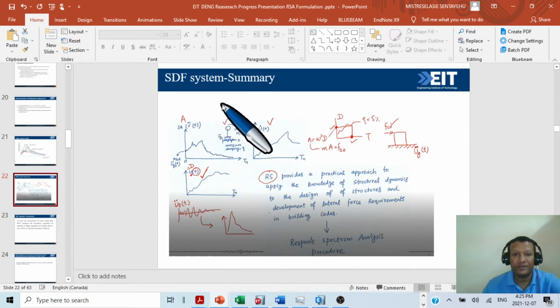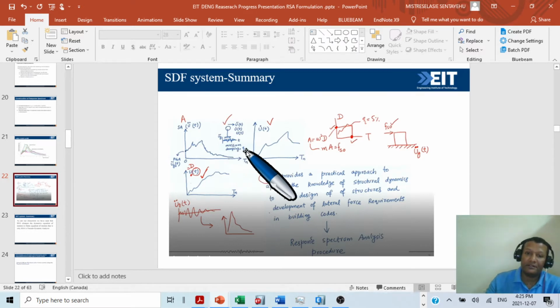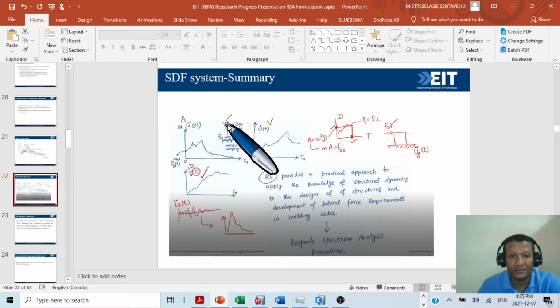So, a single degree of freedom system summary. As I showed you, this is the single degree of freedom system we have, then we have the applied ground motion, and we have the mass. With constant damping ratio and different time periods, we run our single degree of freedom system and find the peak displacement for each time period.